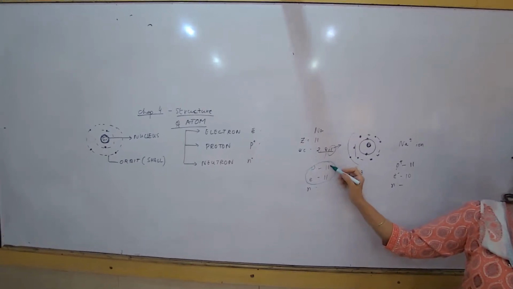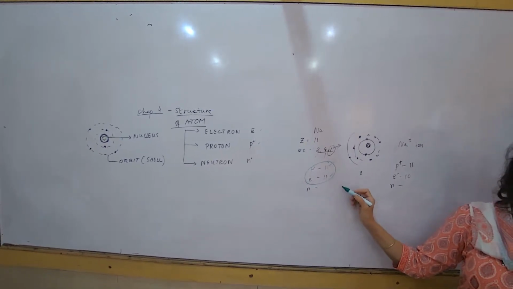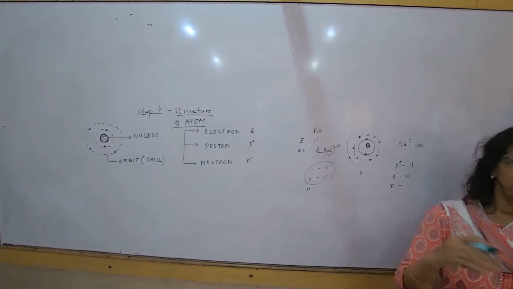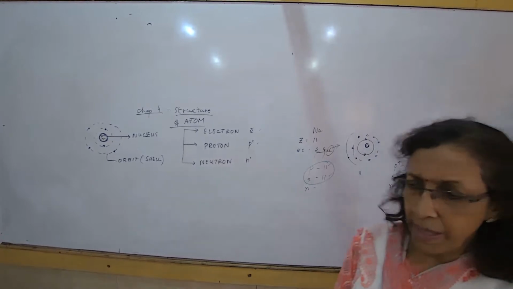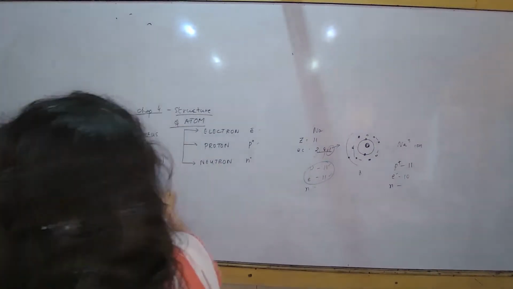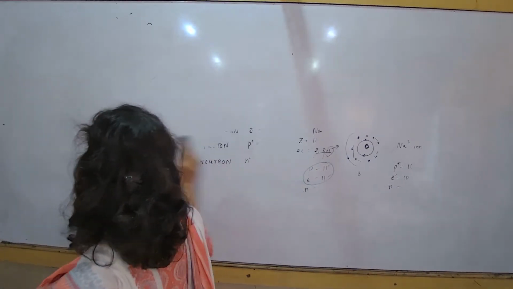So we can say 11 protons or 11 electrons. But we usually don't talk about electrons because electrons can be given away. So atomic number refers to the number of protons present in the nucleus.